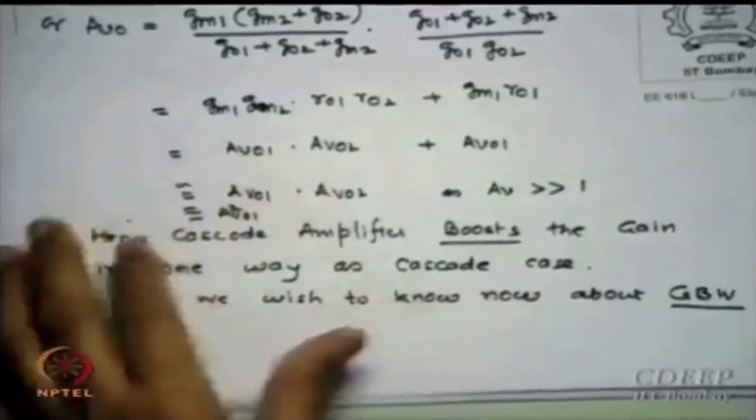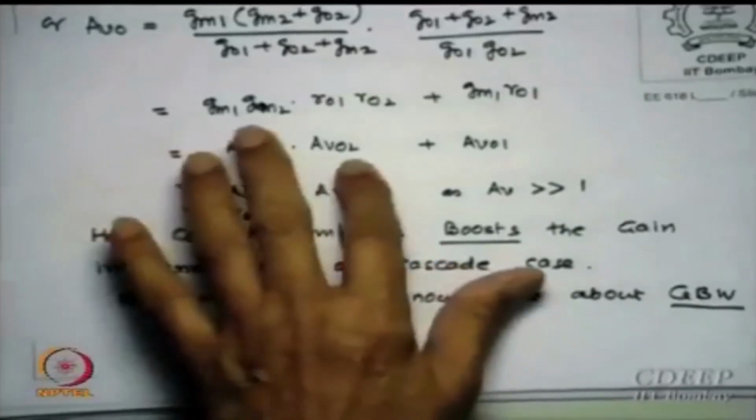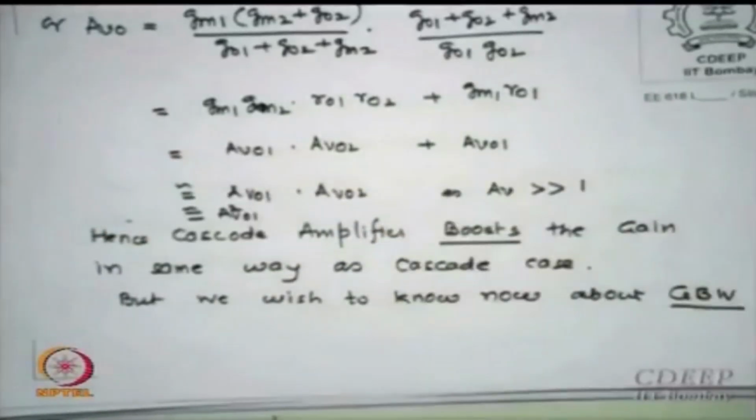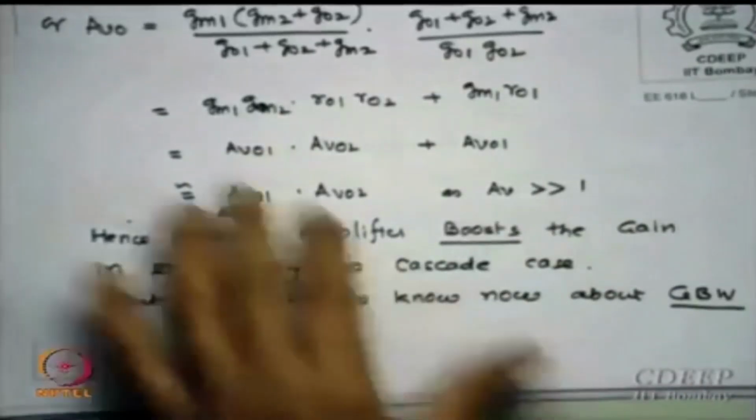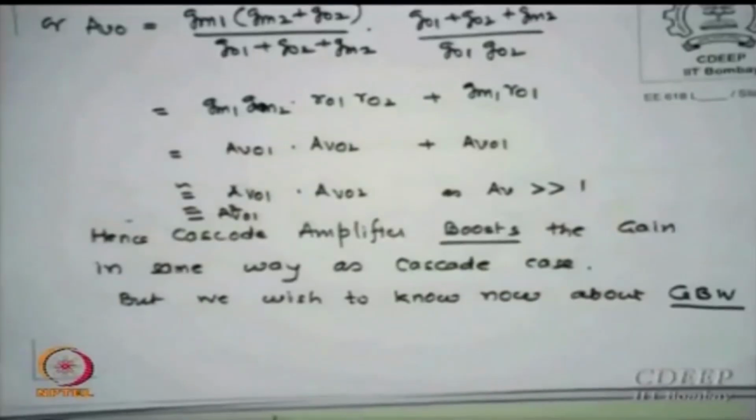So here also if you just look at this expression AV0, do not write all of it, just write this function, AV0 is AVO1 plus AVO2 plus additional terms. Since AVs are much larger, square terms are larger than single terms, so typically gain is gain square, same as what cascade could have got. Is that clear?